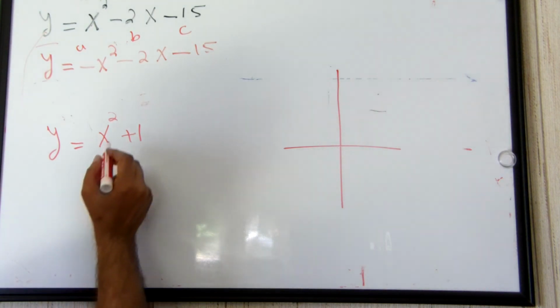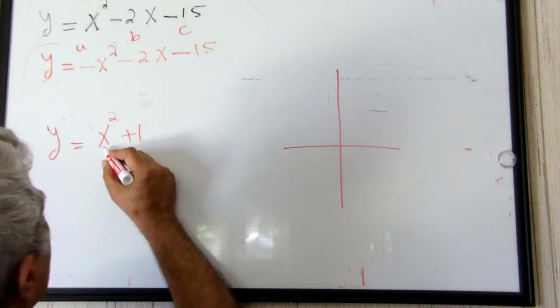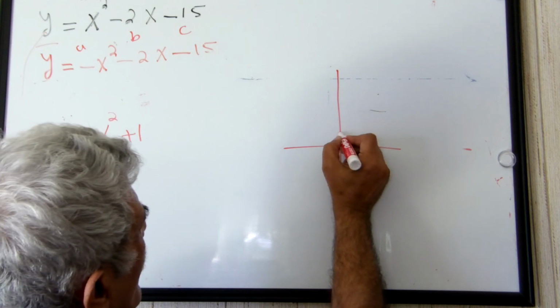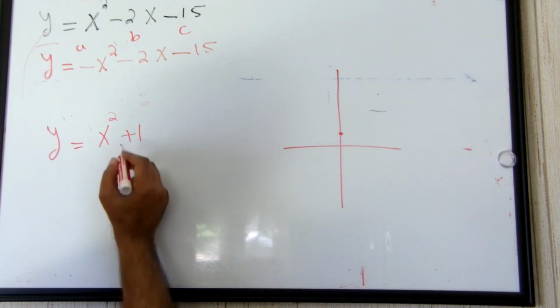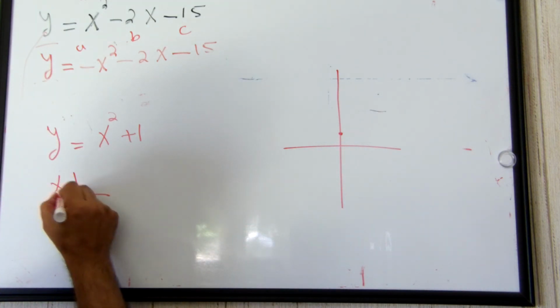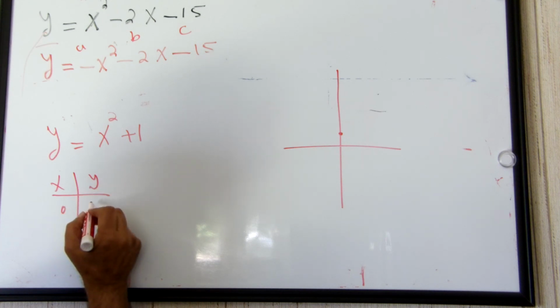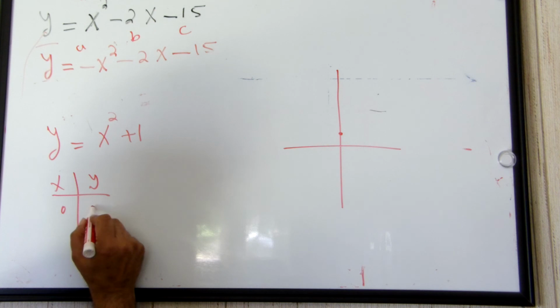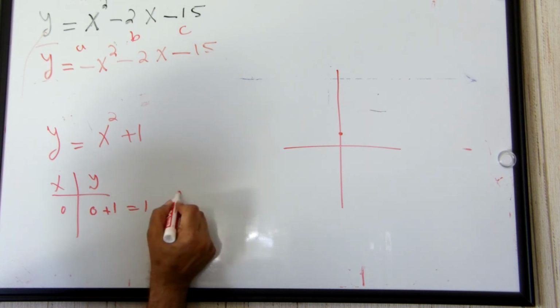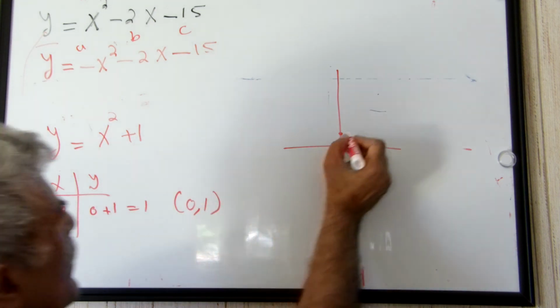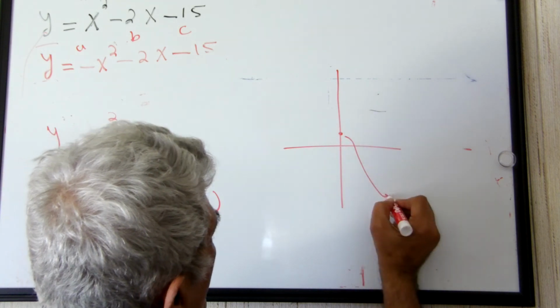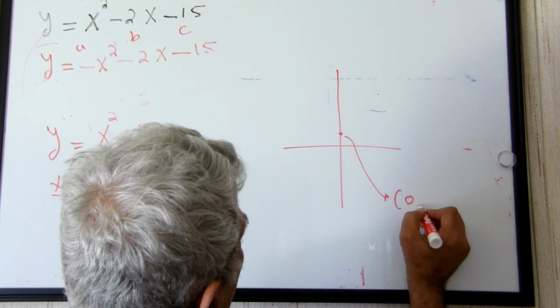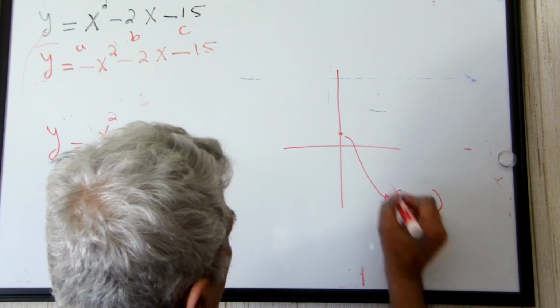If x is 0, y is going to be 1. It means 0 plus 1 is going to be 1. So 0 and 1 is one of the points. This is the point, 0 and 1. Y is 1.